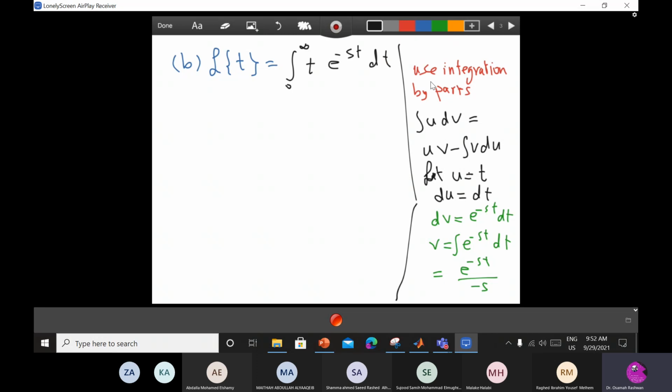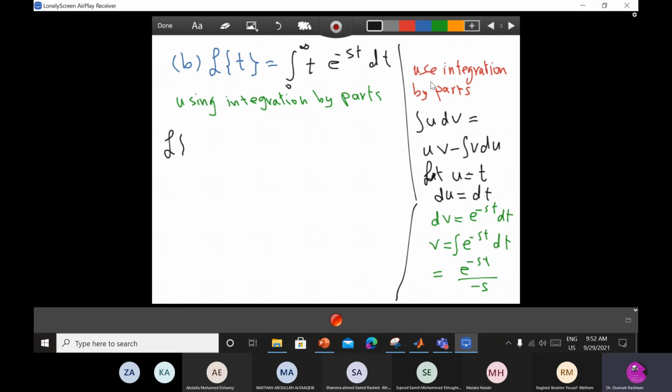Okay, so here I'm just writing using integration by parts, and I have it in the margin.